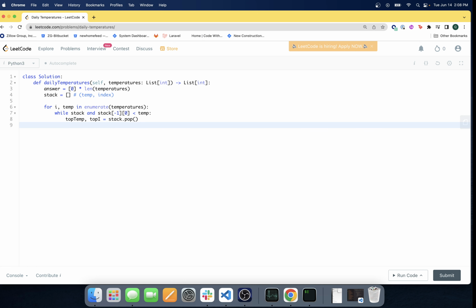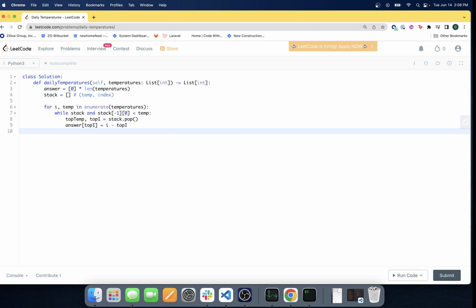And so now that we have our top temperature and our top index, we're going to take that top index, and in our answer array at our top index, we're going to say how many spots away we found our higher temperature. And we find that using our formula i minus our top i, which gives us how far away our greater temperature was found.